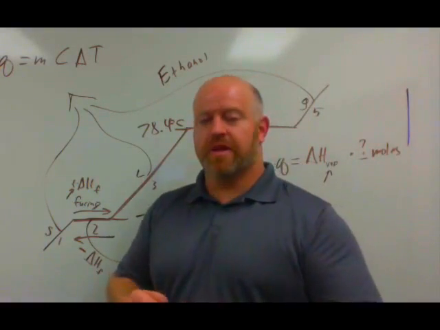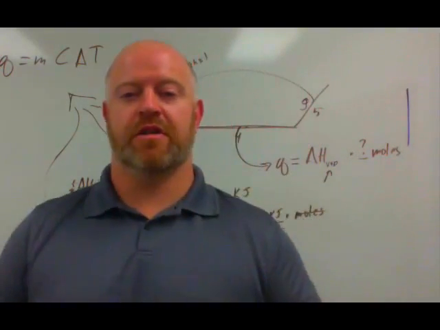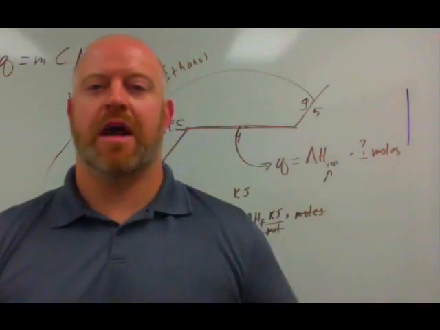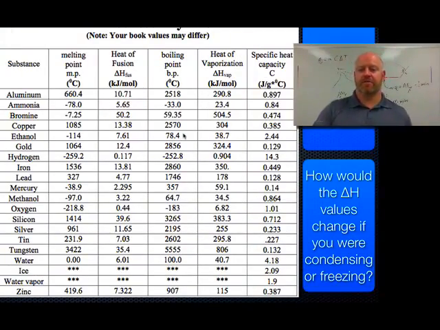So it allows us to find those breakpoints, or our flat line spots on our graph, so we can calculate the proper energy changes there. Now, we already talked about this, but how would these values change if we were condensing or freezing? Remember, these values would become negative instead on this table. This table also includes specific heat capacities for you, so if you're doing a problem with this, you have all those values on there.